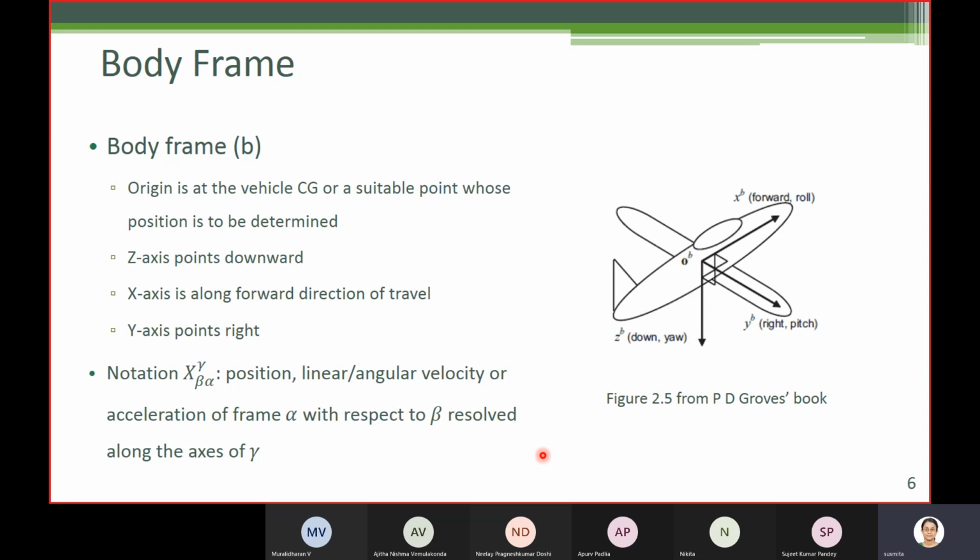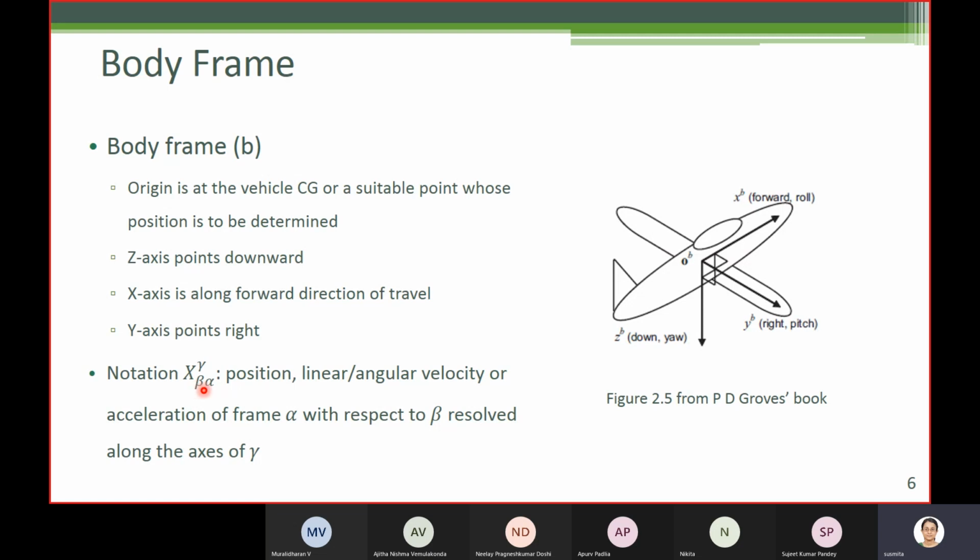Now we already discussed that we are interested in finding position or linear or angular velocity or acceleration. These are all vector quantities. So we are going to use this notation in this class, where x is the vector quantity. Beta in the subscript is the reference frame. So we are interested in finding position, velocity, etc. with respect to the beta frame.